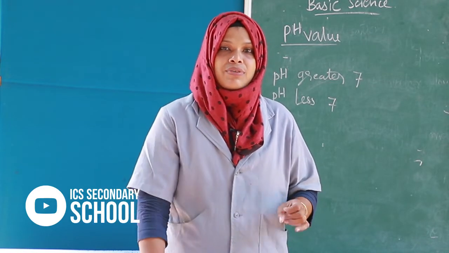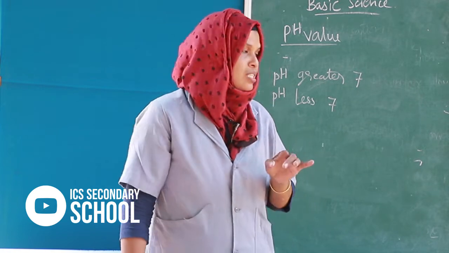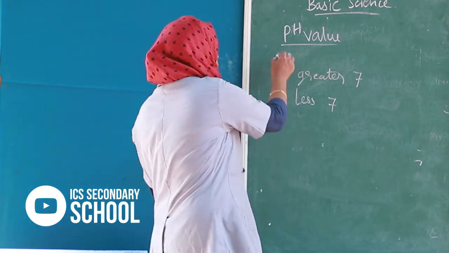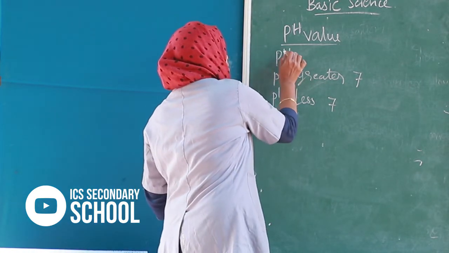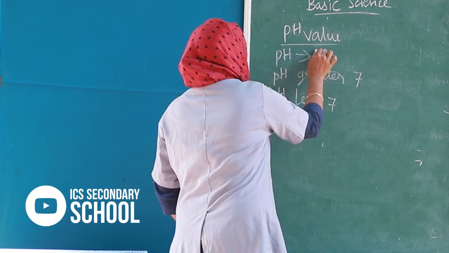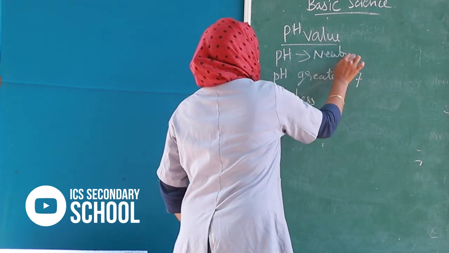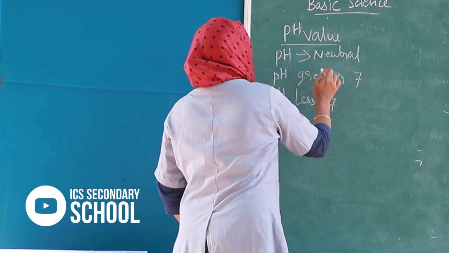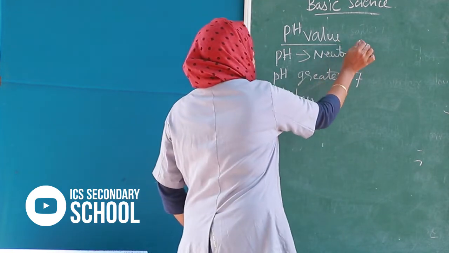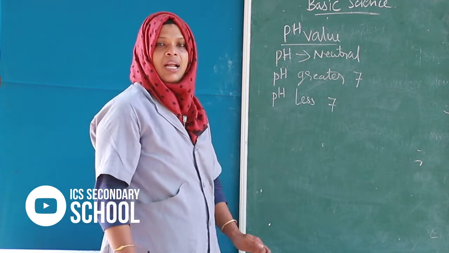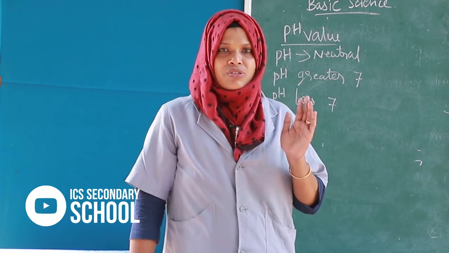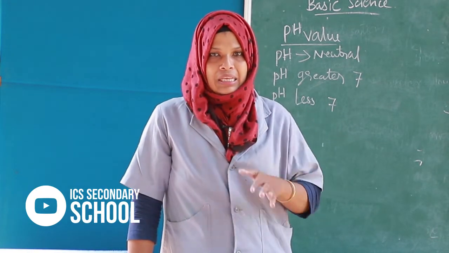First, pH value 7 is neutral. Water is neutral, and water does not show any acidic or alkaline nature.